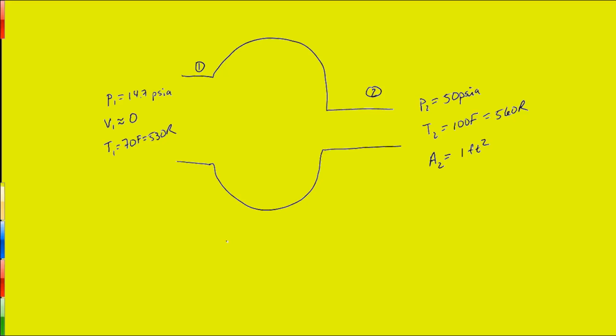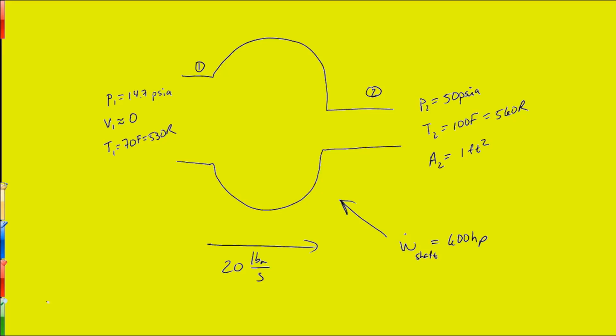The airflow rate, the mass flow rate through the compressor is 20 pounds mass per second, and the power into the compressor, we'll call it W dot shaft, is equal to 600 horsepower.